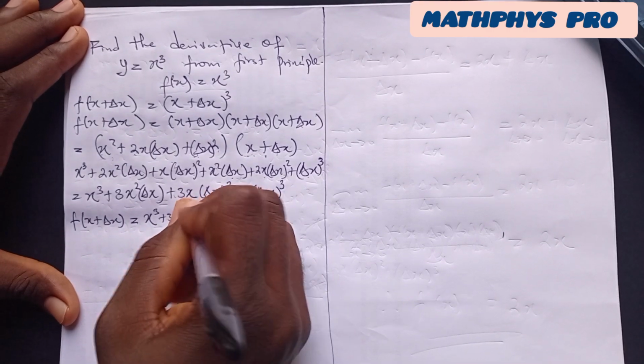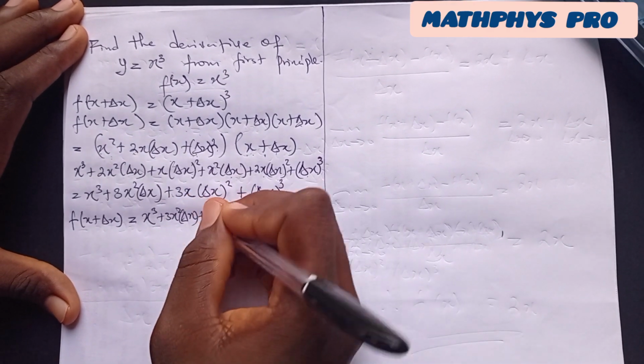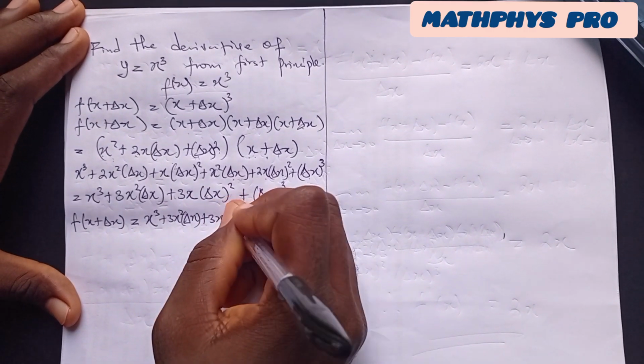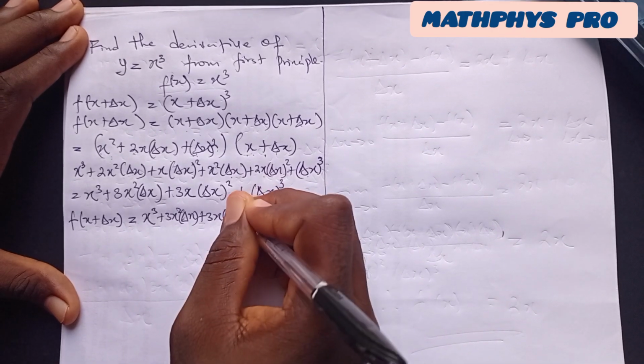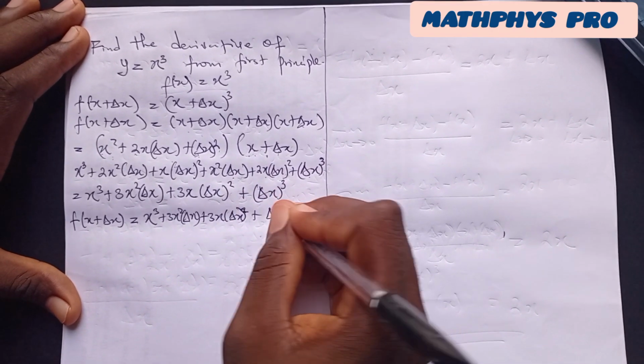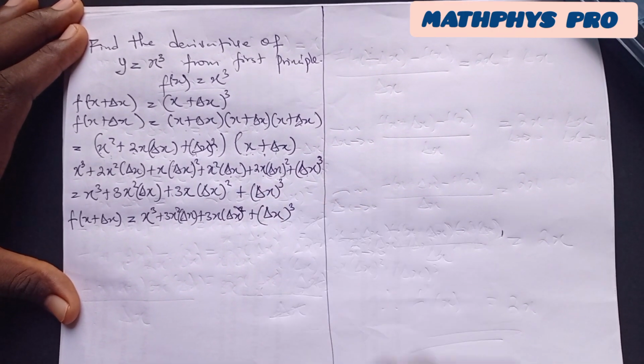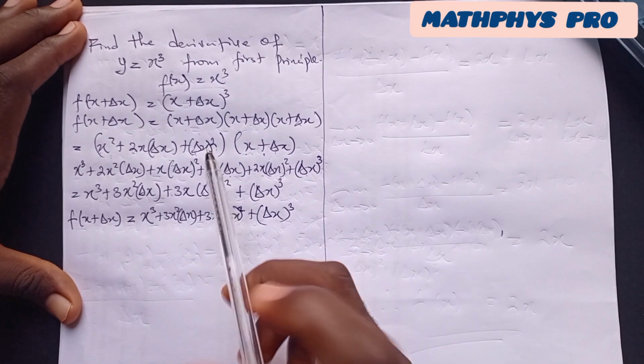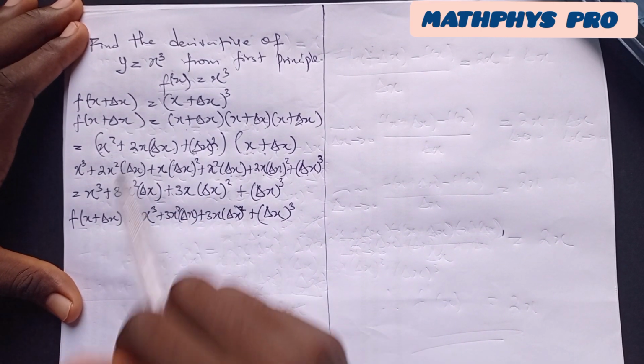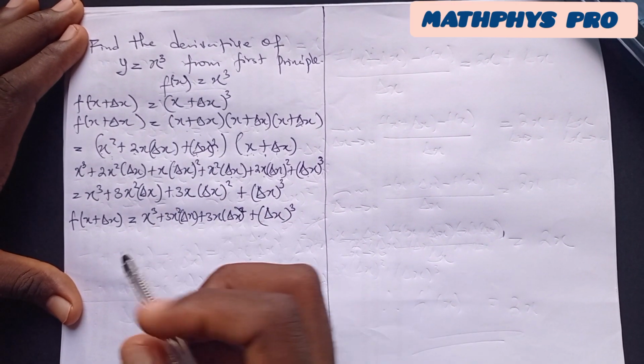So we can say that f of x plus change in x is equal to x cubed plus 3x squared change in x plus 3x change in x squared plus change in x cubed. The next thing to do is to minus f of x from both sides.